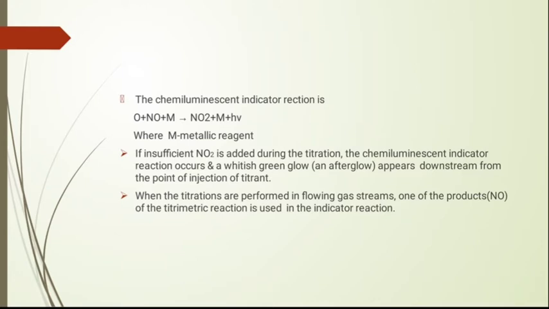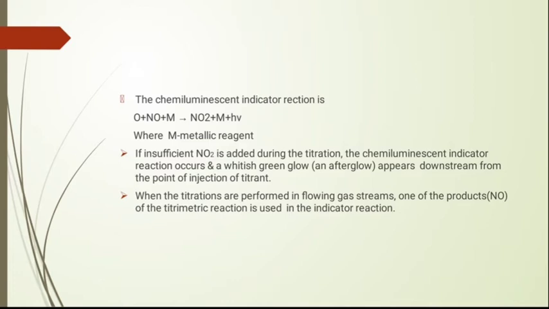NO is an active species. Then oxygen plus NO, with a metal M externally added into the system. M is a metallic reagent which controls the heating of the system or extracts the heat. Oxygen plus NO plus M gives NO2 plus M plus HNO.